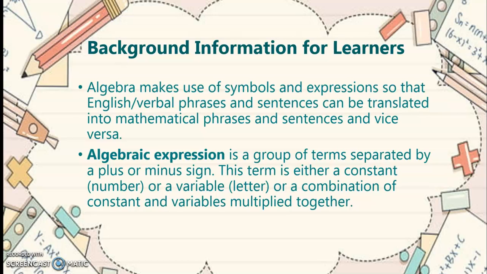Of course, you know those signs already. These terms are either a constant, a number, or a variable, which is a letter, or they can be combined. And if we combine the number and the letter, the constant and the variables, they should be multiplied, and their operation is multiplication.